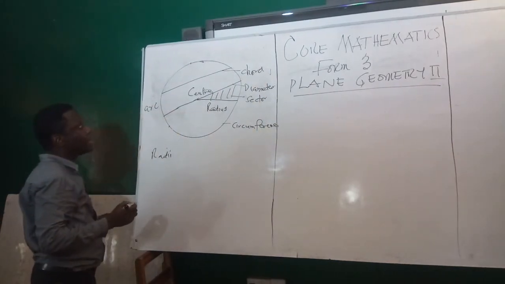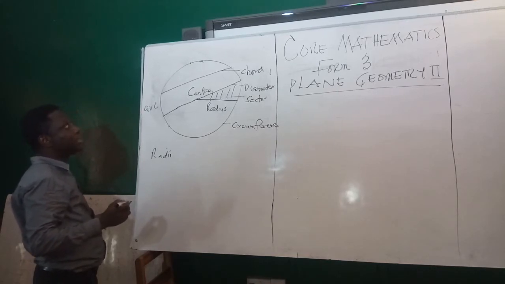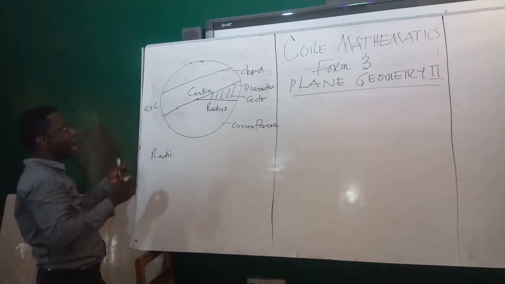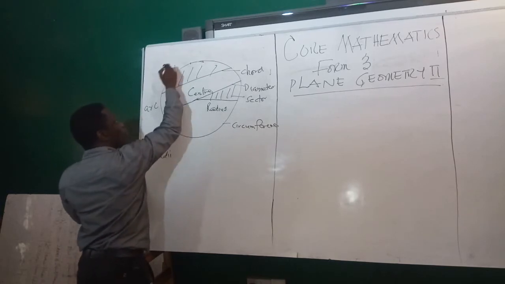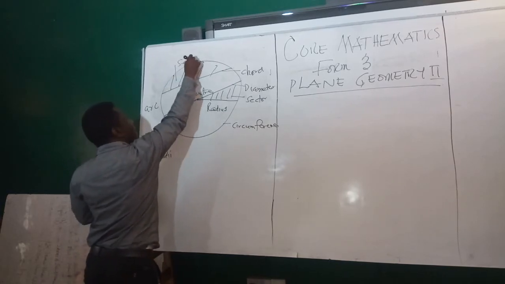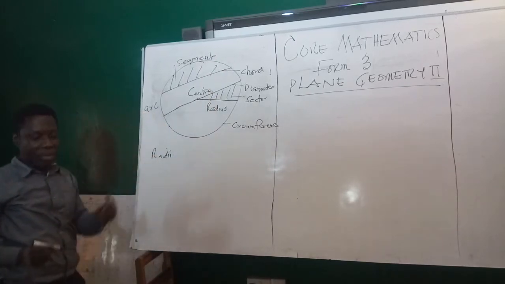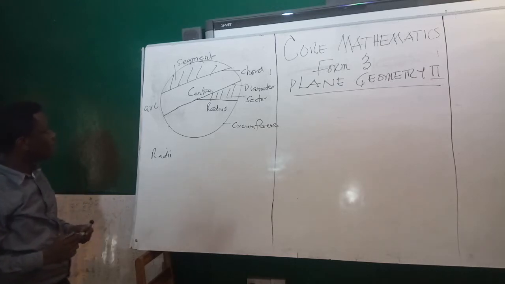So the area between your chord and that part of the circumference, which I've already described as the arc, for example, this area is what you will call your segment. And that is very, very important. Please take note of that because I will be coming to that part.